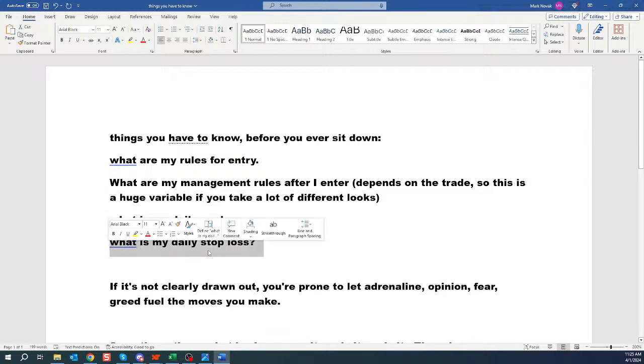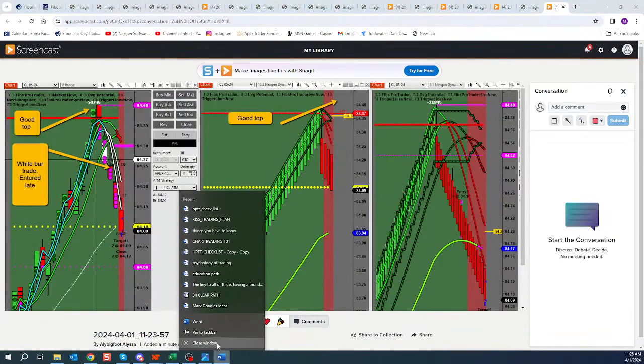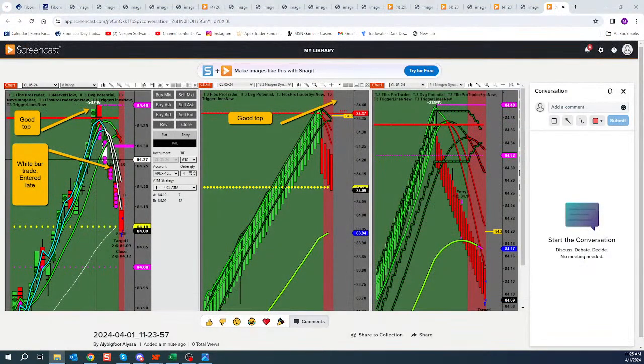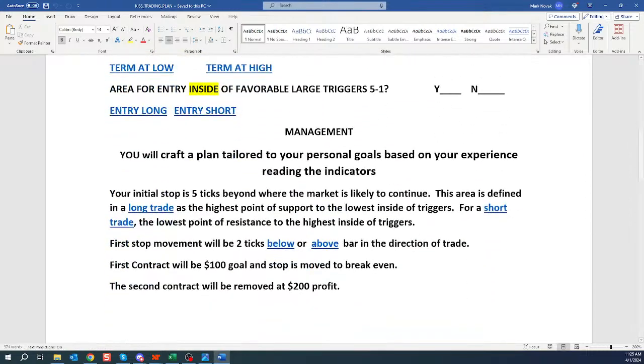Even harder is stopping when you hit your stop loss and you try to trade more, because it's only one trade to get it all back, right? And guys, if it's not clearly drawn out, you're going to let all these factors come in. So make sure that you understand. And on that same token, if you're not there yet, if you're like, well, shit, Mark, I don't know, why not, just for grins, steal my plan? Because it maps everything out for you.